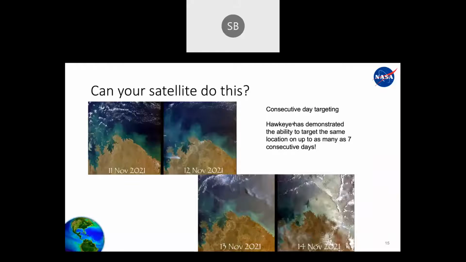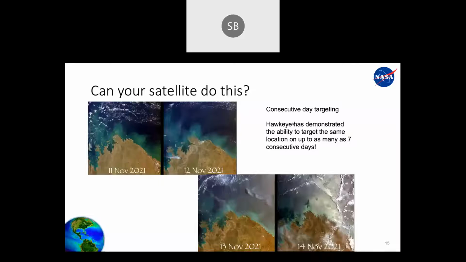SeaHawk is special in that, because we can target, we have the ability to roll the spacecraft during orbit so that we can collect simultaneous measurements over the same spot on the Earth over consecutive days.